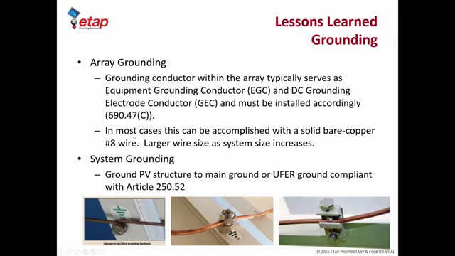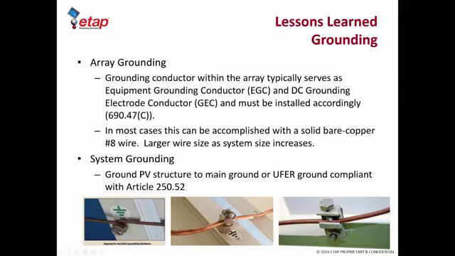And then what we landed up doing in our system was we put a solid bare copper number 8 size wire, and that's AWG, American wire gauge size, to essentially have a common EGC and grounding electrode conductor, to have an appropriate system ground and the equipment ground going finally into the main ground of the building.